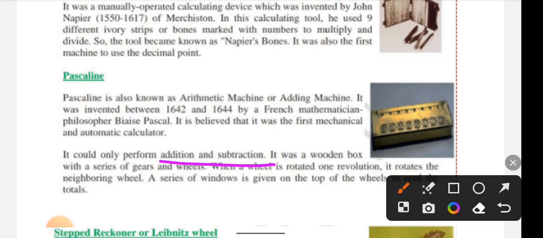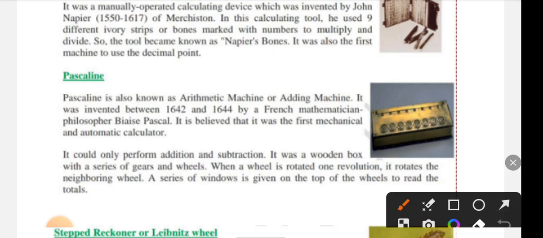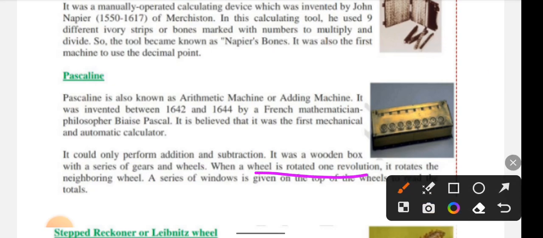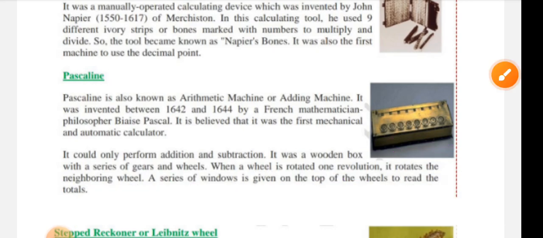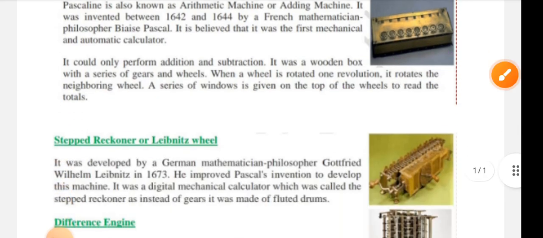It could only perform addition and subtraction. It was a wooden box with a series of gears and wheels. When a wheel is rotated one revolution, it rotates the neighboring wheel. A series of windows on the top gives the output to read.